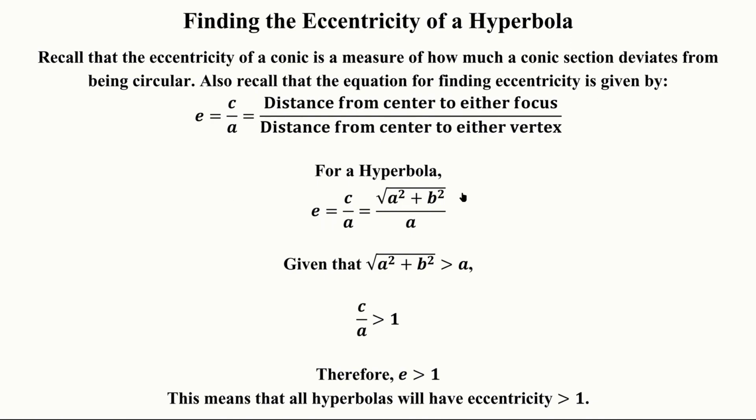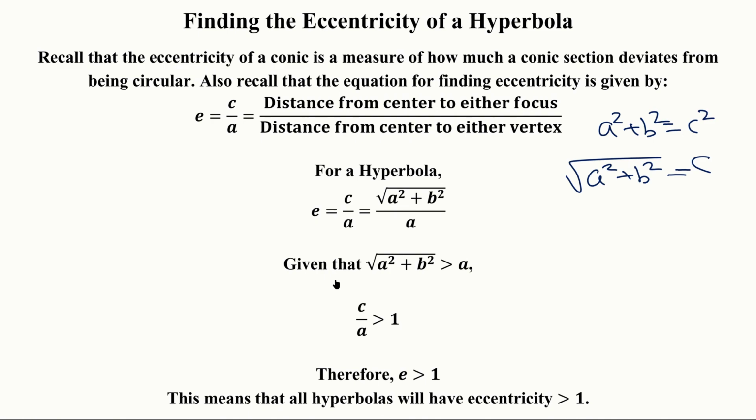Now we know for a hyperbola, we've been doing this all day, c is just going to be the square root of a squared plus b squared, right? Because remember, a squared plus b squared equals c squared. We're interested in the positive value of c.